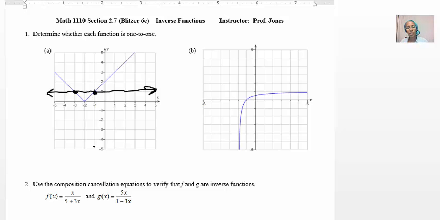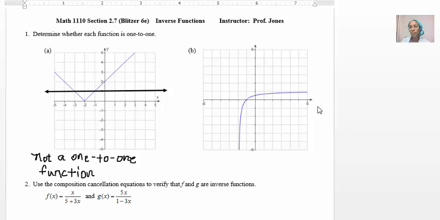But the point to notice is that that line touches the graph in more than one place. Okay, here I inserted a better line, but notice how this line touches the graph in more than one spot. So that would indicate that this is not a one-to-one function.